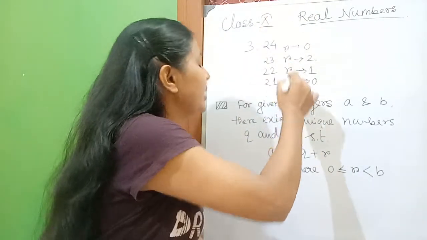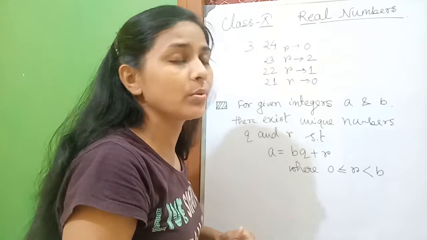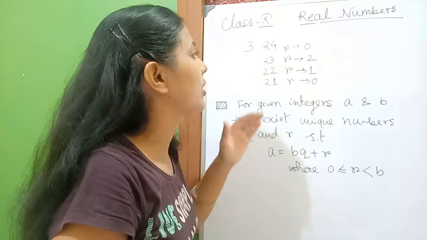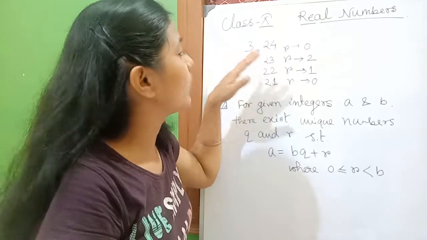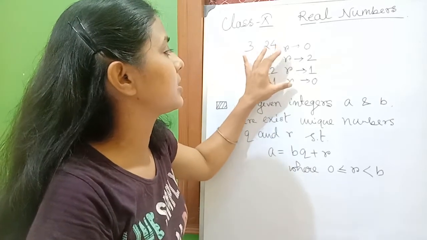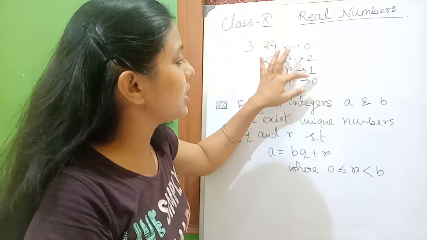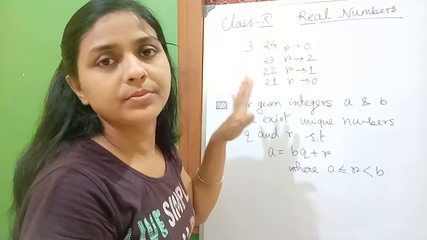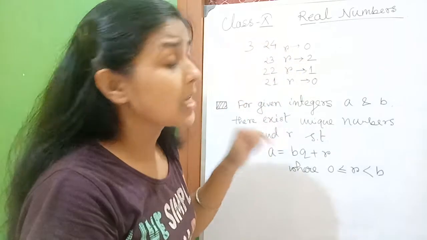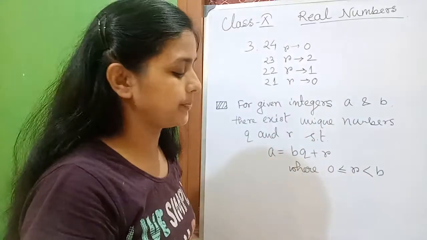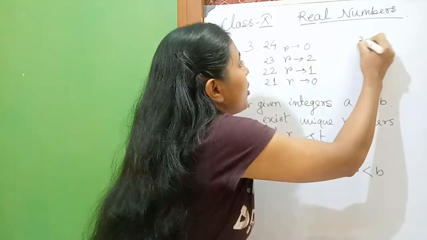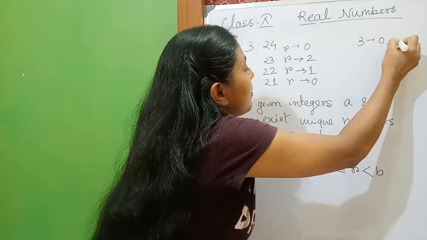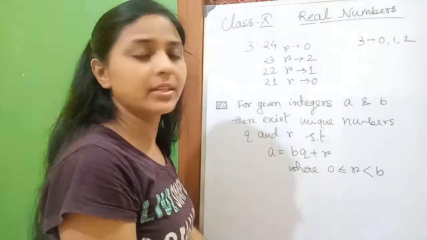So remember, when 3 is the divisor, what are the possibilities of remainders? Remainder 0, 1 and 2. There is nothing else, right? So I am just writing over here, for 3 we have got 0, 1 and 2.